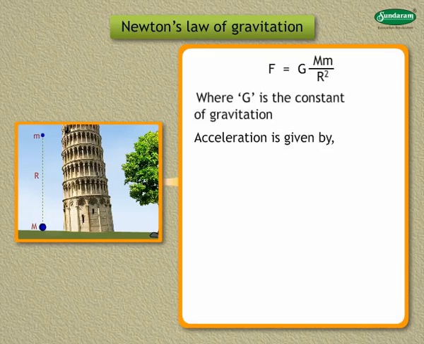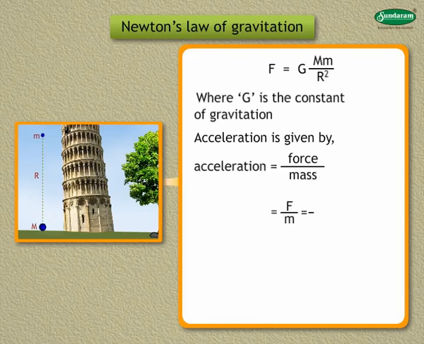Acceleration is given by the formula acceleration is equal to force divided by mass. Therefore, acceleration is equal to F divided by m, which is equal to 1 divided by m multiplied by F divided by 1.